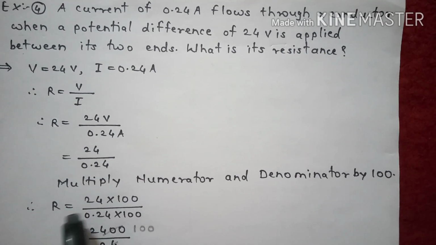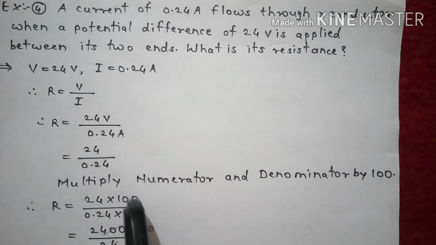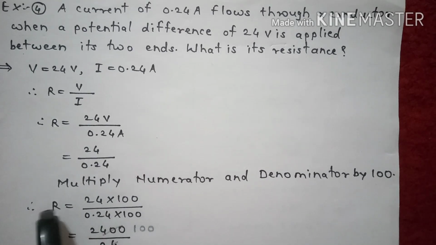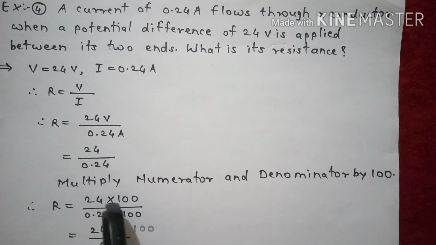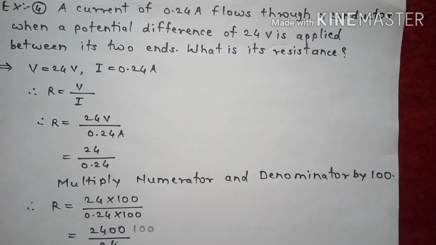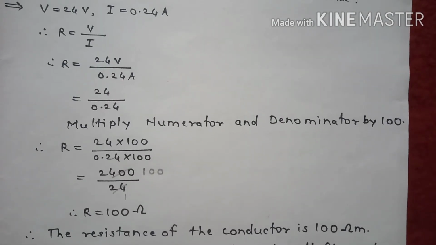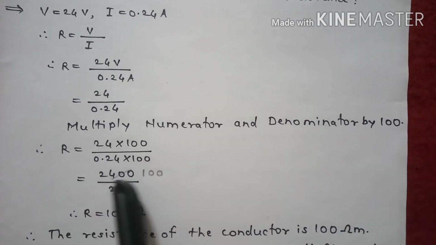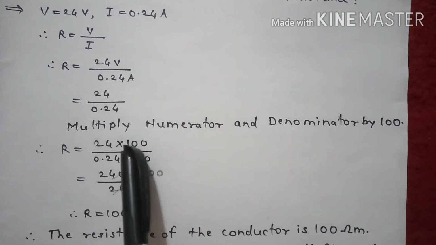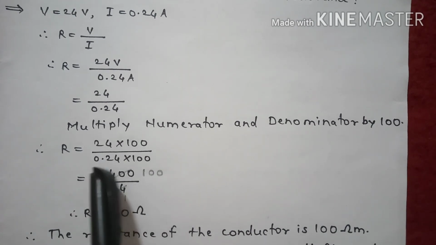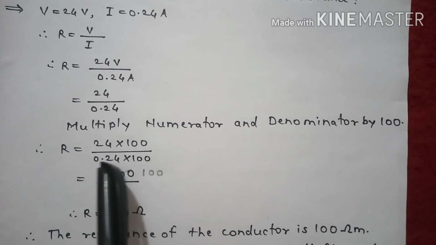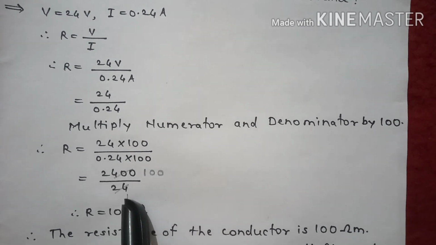So after multiplication by 100 to numerator and denominator, it becomes R is equal to 24 into 100 upon 0.24 into 100. After multiplying by 100, we get 2400, that is 24 into 100, upon, after multiplying 100, this 0.24 will become 24.